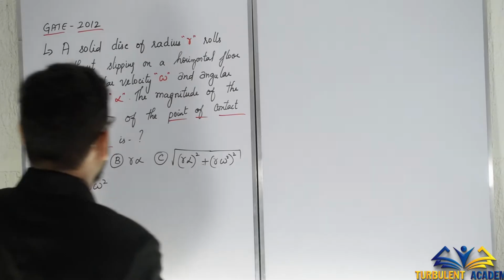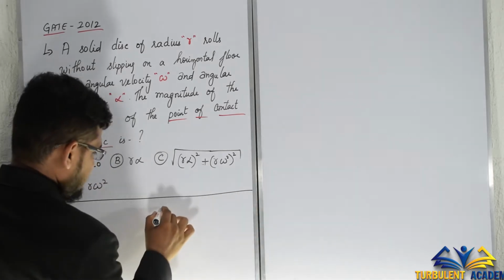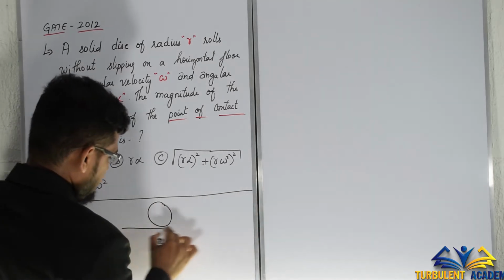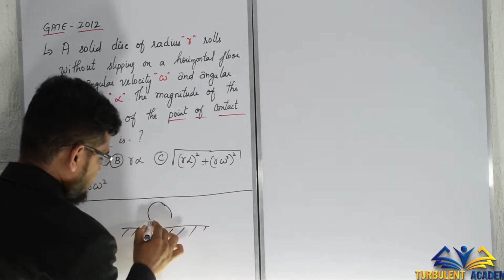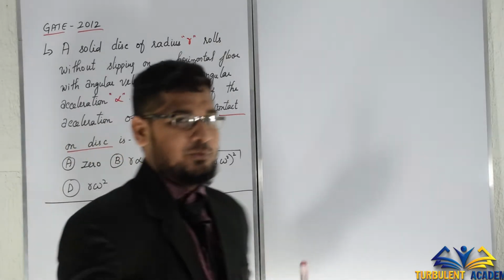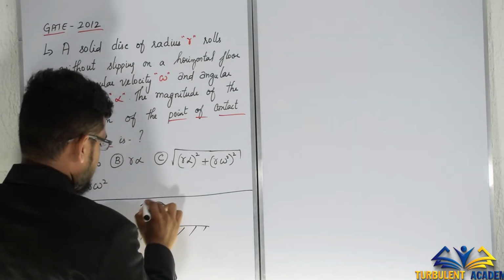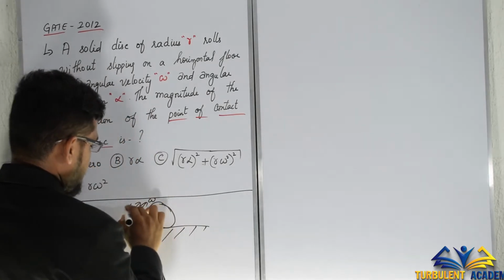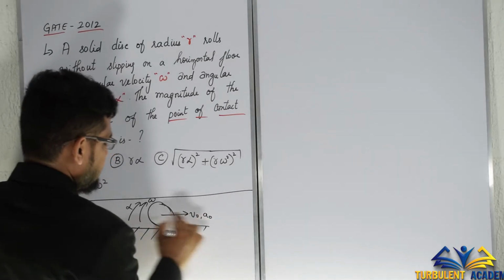This question can be drawn like this. Let's say I have a disc on the floor. I'm just drawing it again. As I've said, I'm poor at drawing, so bear with me please. So I have omega, I have alpha, I have a velocity v0 and an acceleration at the center.